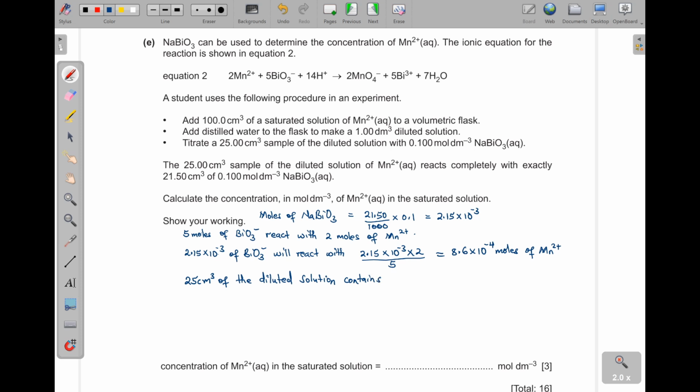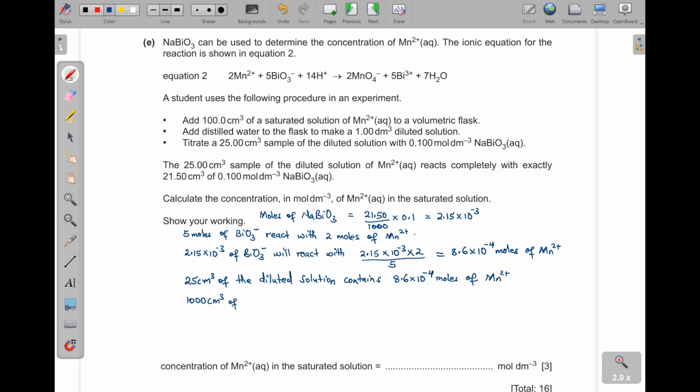It contains this 8.6 times 10 to the power negative 4 moles of manganese 2 ions.